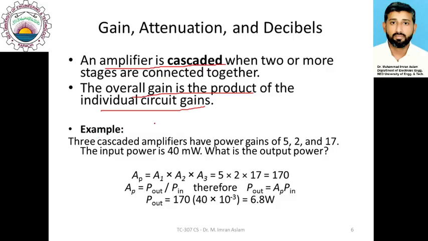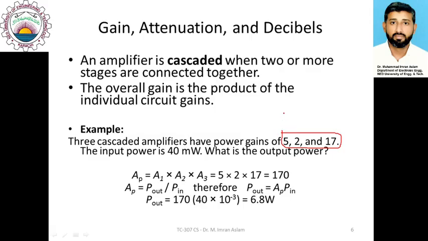For example, I give you a simple case where we have 3 cascaded amplifiers, and each of them has a power gain of 5, 2 and 17. Because we have a 3-stage amplification, we would get a total overall amplification in the signal.